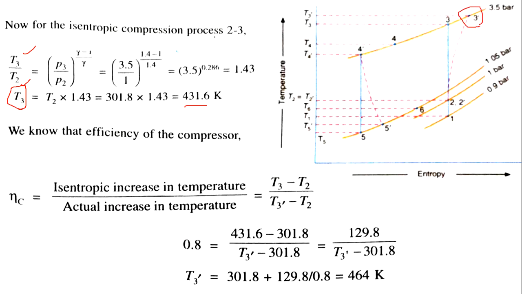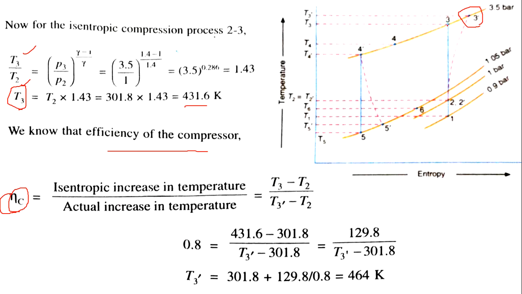So for getting that temperature value I have to use the efficiency of the compressor. So the isentropic efficiency of the compressor is equal to isentropic increase in temperature divided by actual increase in temperature. I just mentioned a shortcut for getting this equation in our previous class.